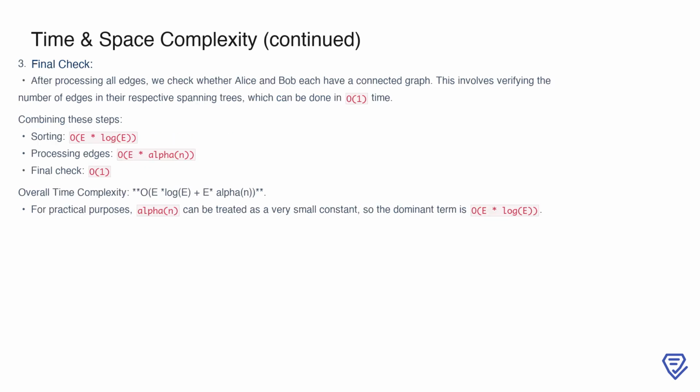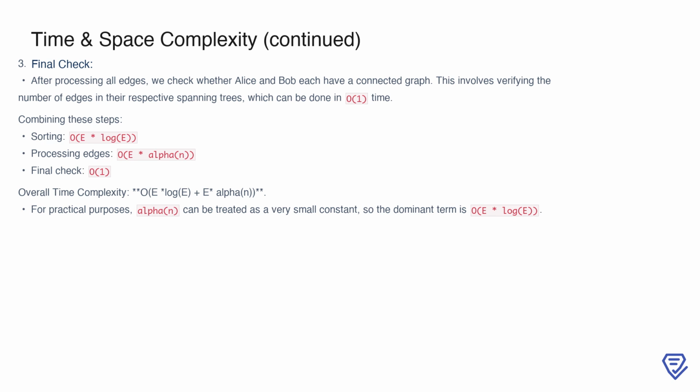After processing all edges, we perform a final check to ensure that both Alice and Bob have fully connected graphs. This involves verifying the number of edges in their respective spanning trees, which can be done in constant time, or O(1). Now, combining these steps, the sorting phase contributes O(E * log E), the edge processing phase adds O(E * α(n)), and the final check is O(1).